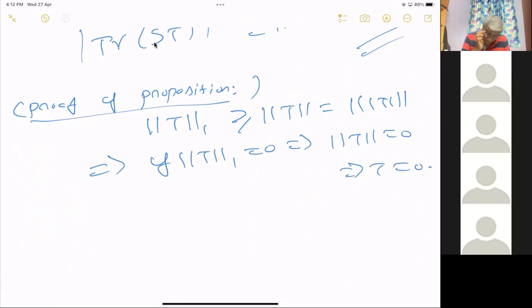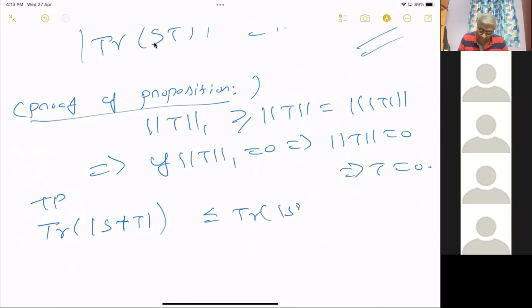This is where the U star comes, and I got confused with that. To prove the triangle inequality, I want to take S plus T. The problem here is the following. To prove the triangle inequality, we have to prove that trace of mod S plus T is at most trace of mod S plus trace of mod T. But the problem is that there is no direct connection between these.